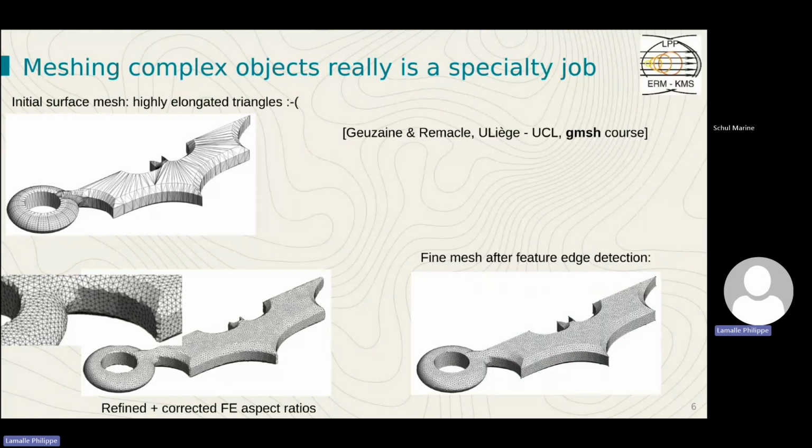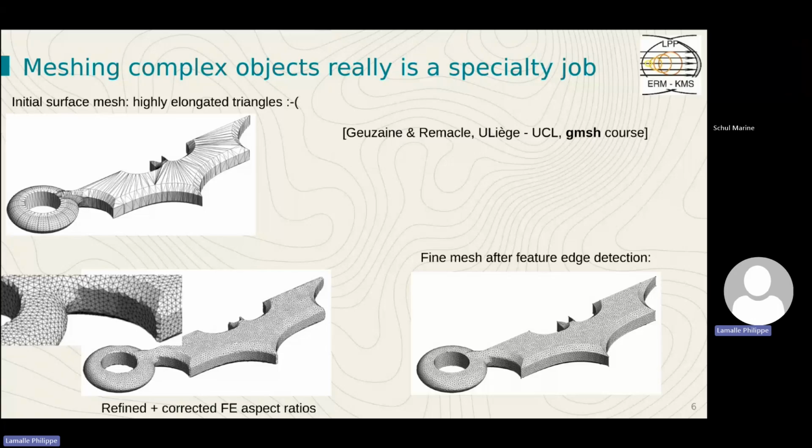You see on the top left a mechanical part, which is first roughly discretized into triangles. These triangles are not very nice because some of them are extremely elongated, and this is not good at all for the accuracy and the stability of the numerical method.